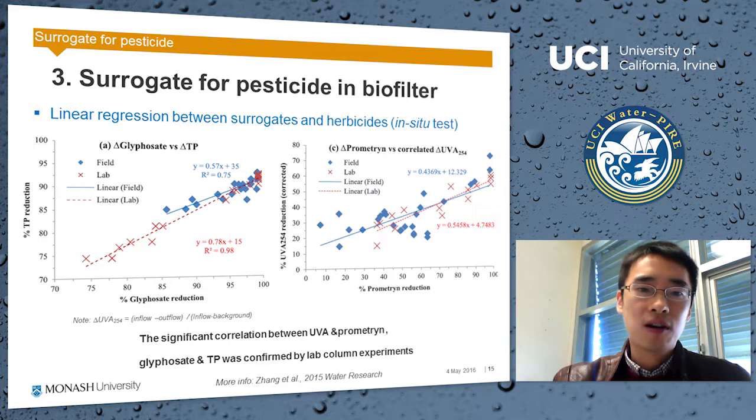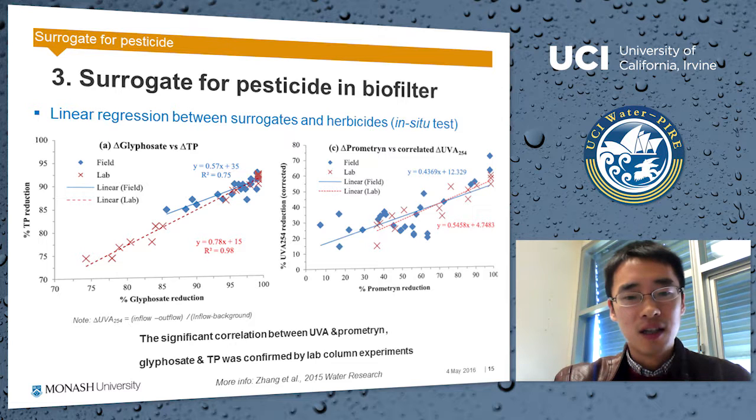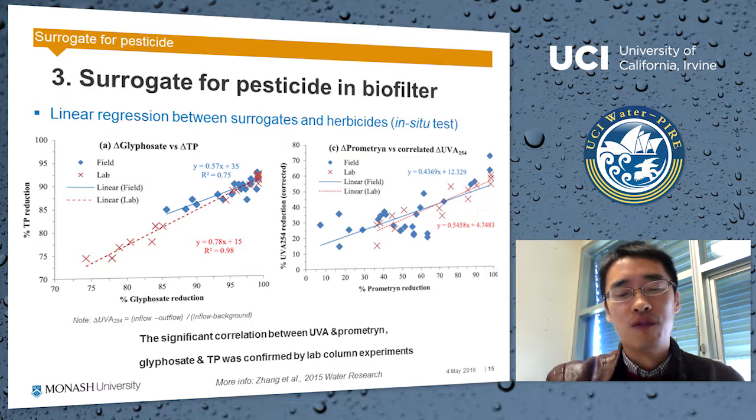This shows the linear correlation between glyphosate reduction and total phosphorus reduction. By comparing the field experiment against the laboratory experiment, we observed very similar results. And this basically tells us that the significant correlation between those potential surrogates and the pesticide was due to similar processes that accounted for the removal of the pesticide.